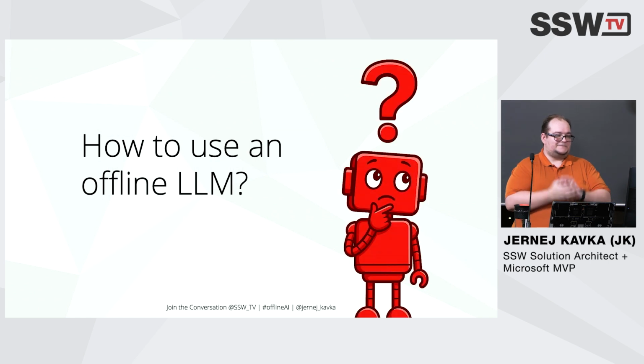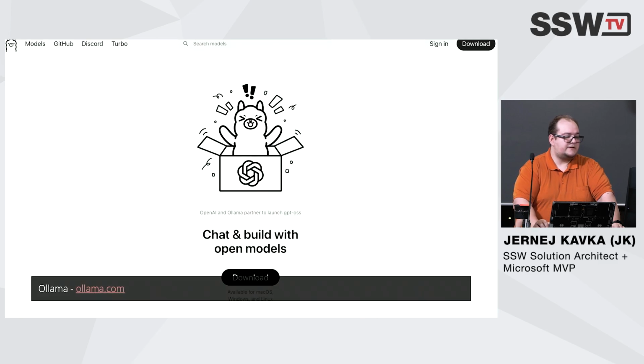All right, so how do we use offline LLMs? Now, there's a couple of ways of using this. One very popular one from the start is Ollama. They were one of the first ones that came out to be able to use LLMs offline.